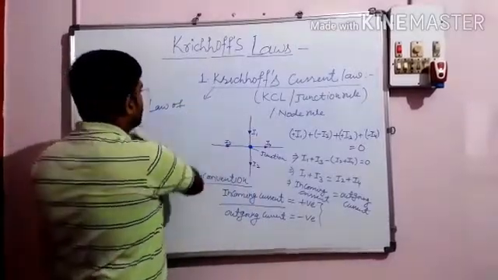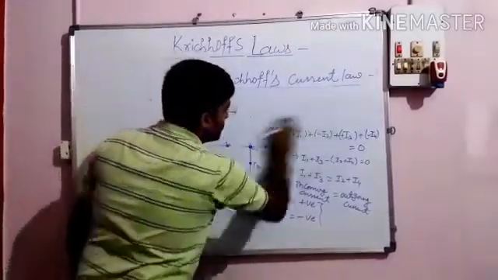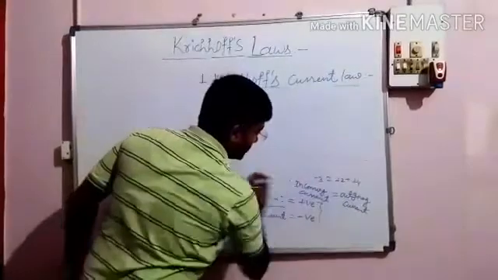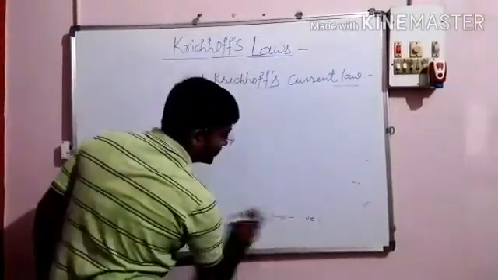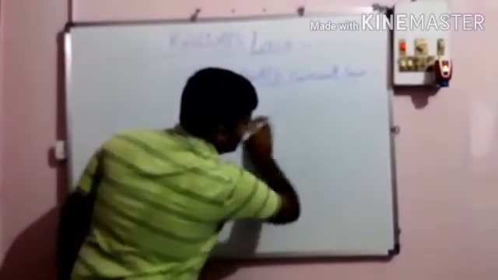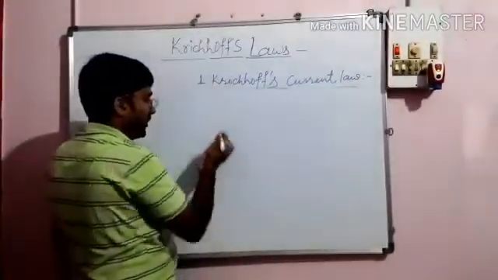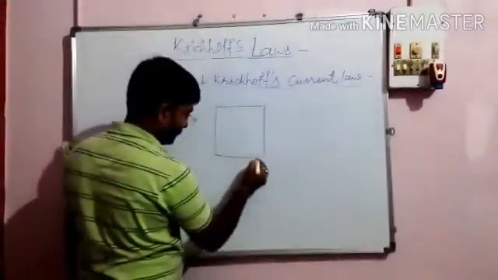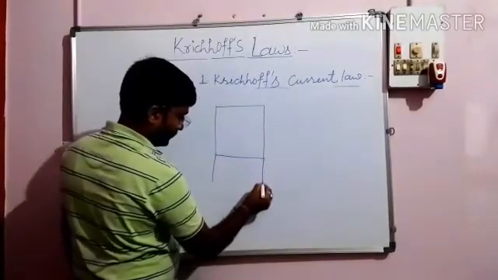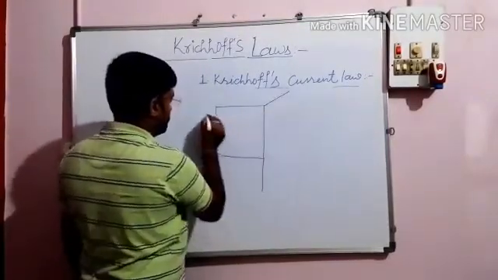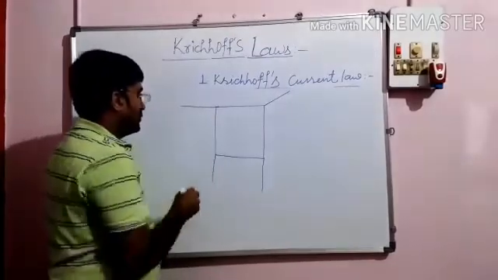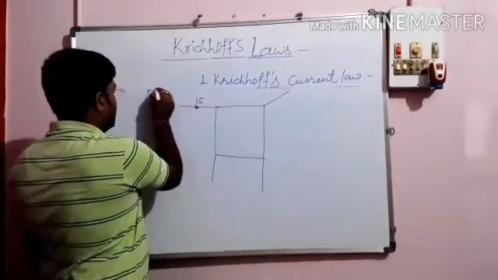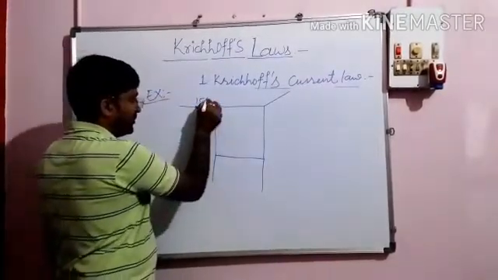Now, we solve a numerical problem on Kirchoff's current law. How can we find the current in different arms? See here. In this arm there is a current of 15 ampere. This is an example of Kirchoff's current law.